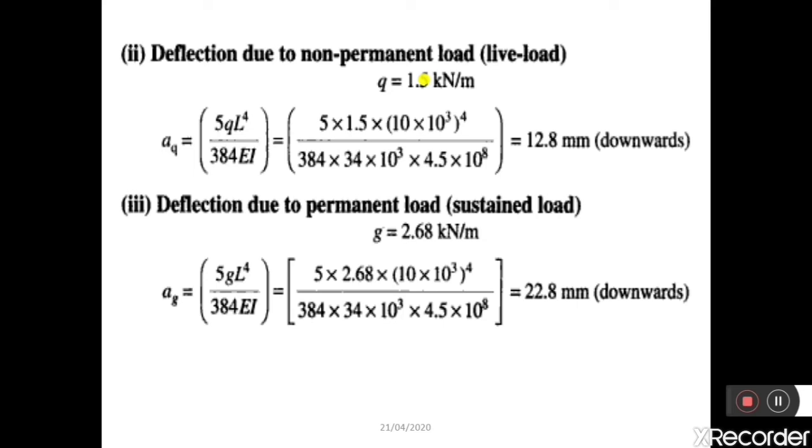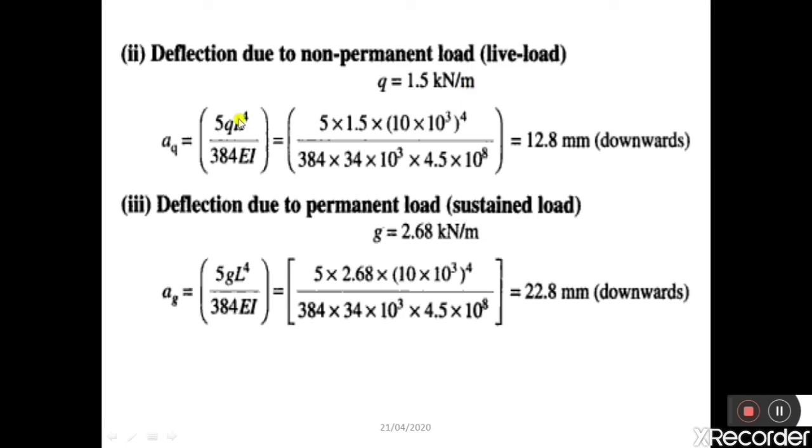That means the remaining 50% will be in the form of dead load. So for deflection due to non-permanent load or live load, 50% is the live load. Therefore Q is equal to 1.5 kilonewton per meter, which is 50% of the given live load.